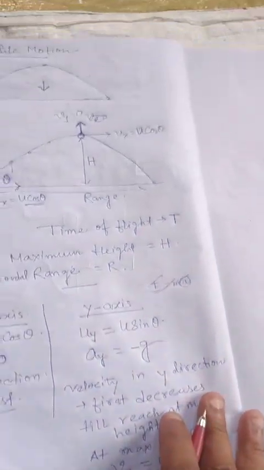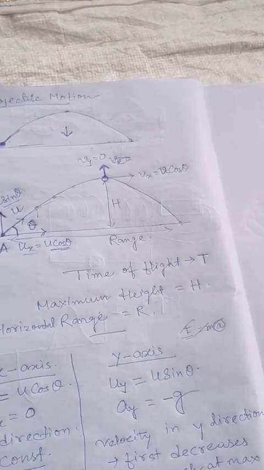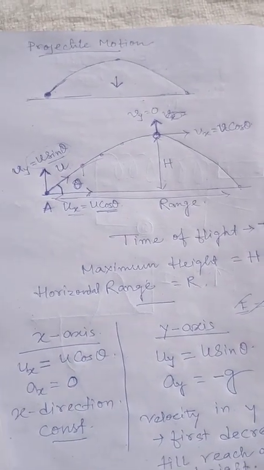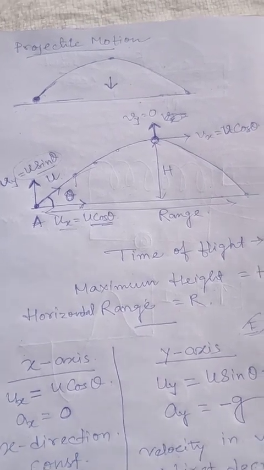So velocity increases after reaching maximum height. When it falls, the velocity increases in the downward direction. So we can calculate the time of flight.